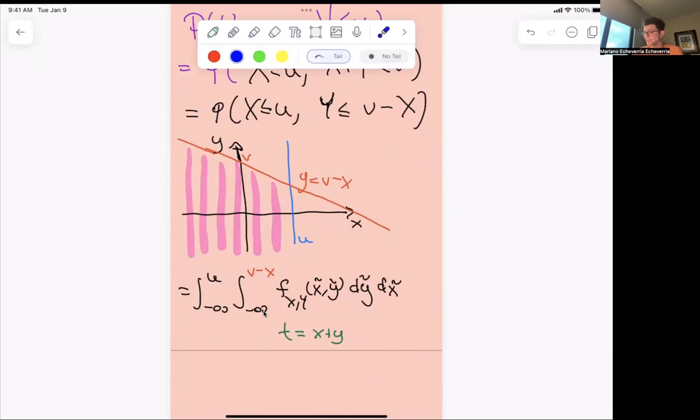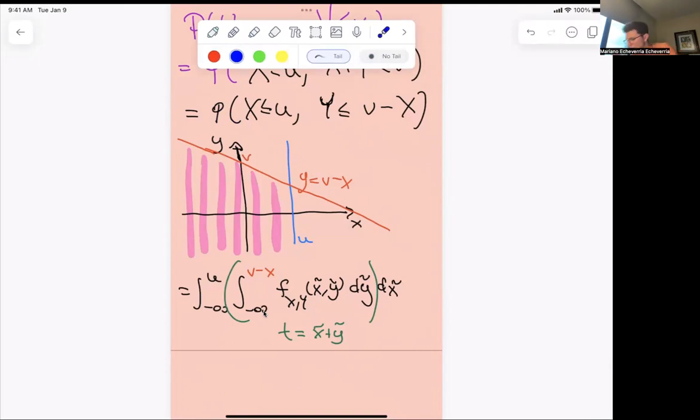Remember, when you're doing this integral, x tilde is like a constant. You're just integrating with respect to y tilde. So you can make a change of variables, which looks like it depends on two variables, but I'm going to do it inside this integral, so it's only going to depend on one variable, y tilde, because x is a constant.